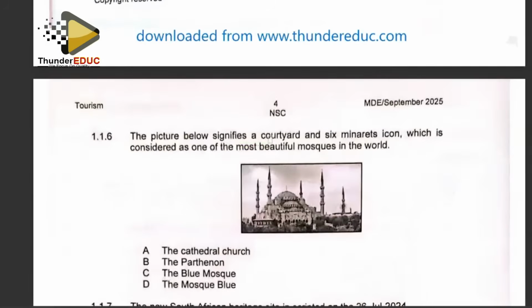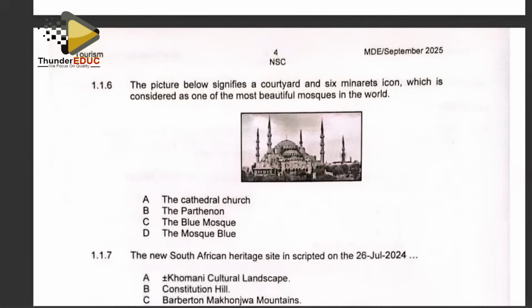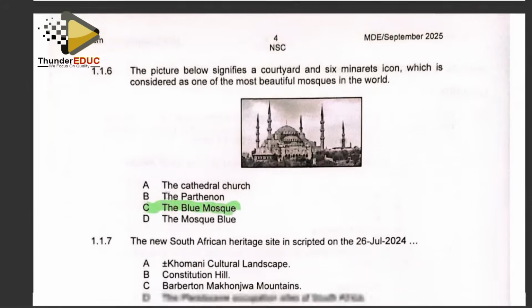1.1.6, the picture below signifies a courtyard and 6 minarets icon, which is considered one of the most beautiful mosques in the world. The name of this mosque is the Blue Mosque, which is located in Istanbul in Turkey.